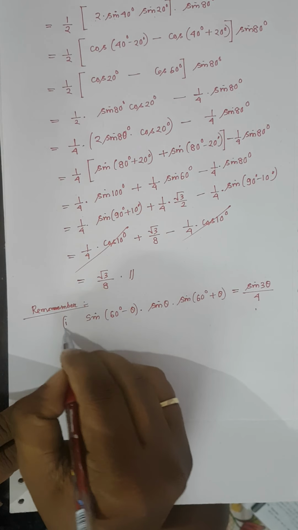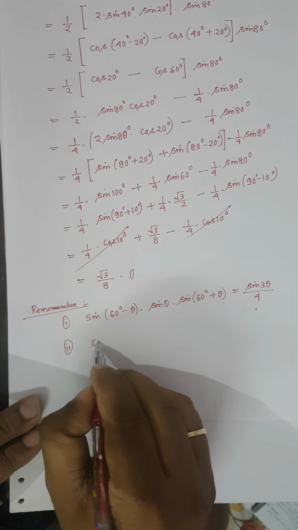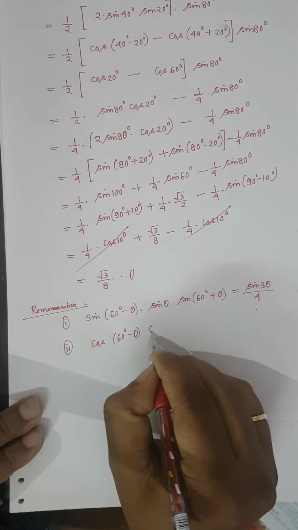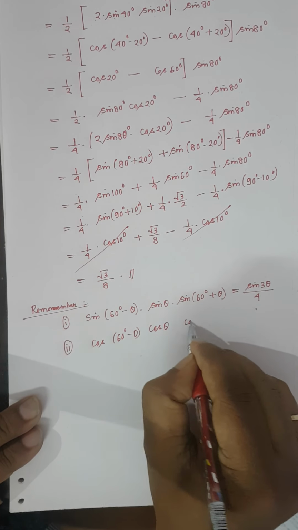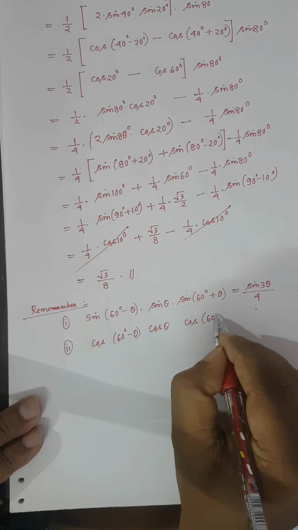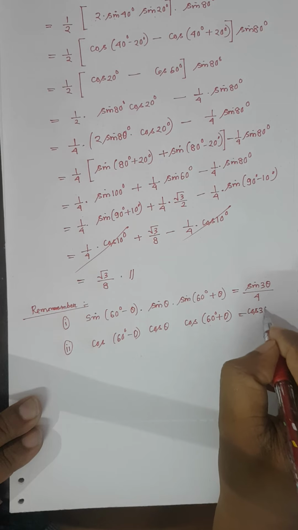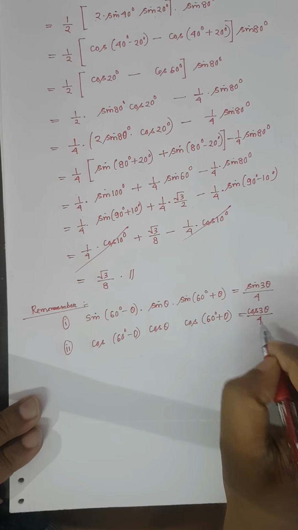Similarly, I can say that cos(60 minus theta), cos theta and cos(60 plus theta) is equal to cos of thrice theta by 4.